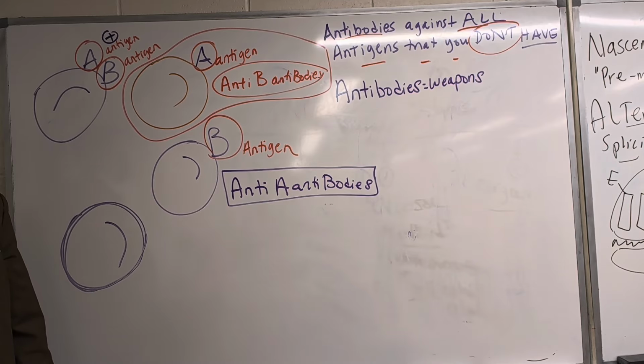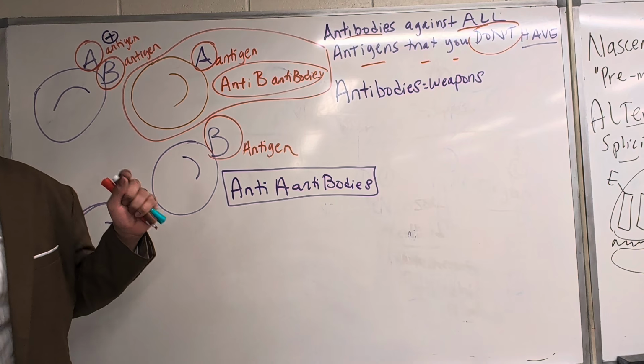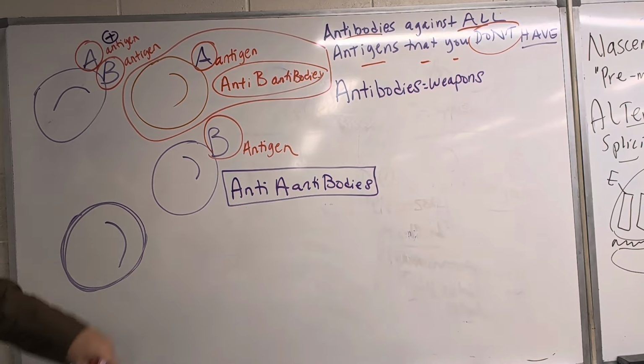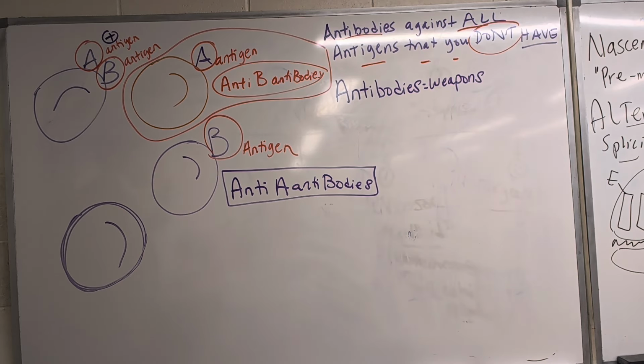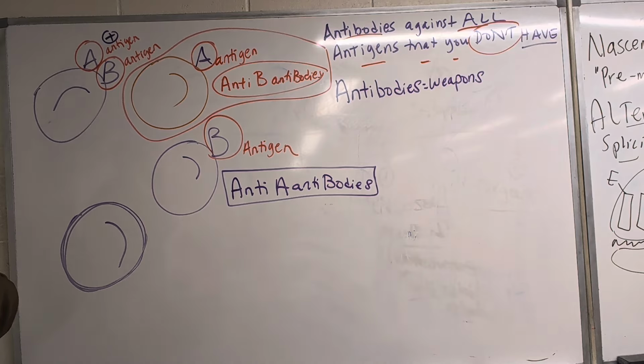B antibodies? If they would have B antibodies, they will kill themselves because they have B too. What about O? They don't have any antibodies against anybody, because they don't have anti-A, because they have A on them. And they don't have anti-B, because they have B on them.